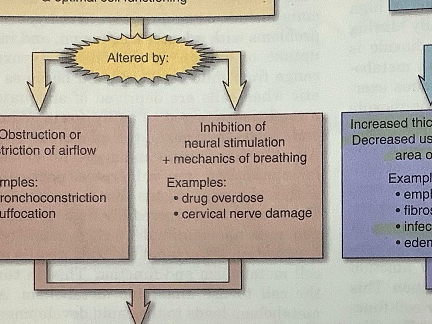Or opioids. We might be giving opioids for pain as a nurse, and one of the things they could do is slow a respiratory rate. And so we need to be aware and monitoring that as a potential side effect that could impact their ventilation and breathing.